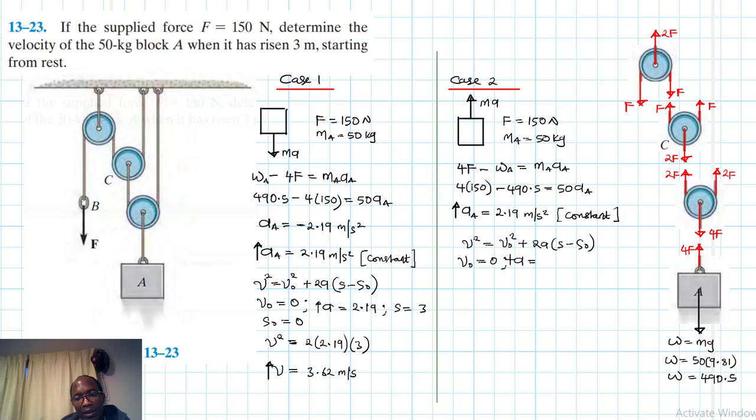Our a is equal to 2.19, our s is equal to 3, and our s naught is equal to 0. So we'll have v squared equal to 2 times 2.19 times 3. Therefore, our v is the square root of 2 times 2.19 times 3. So the same answer, of course, which is 3.62 meters per second.